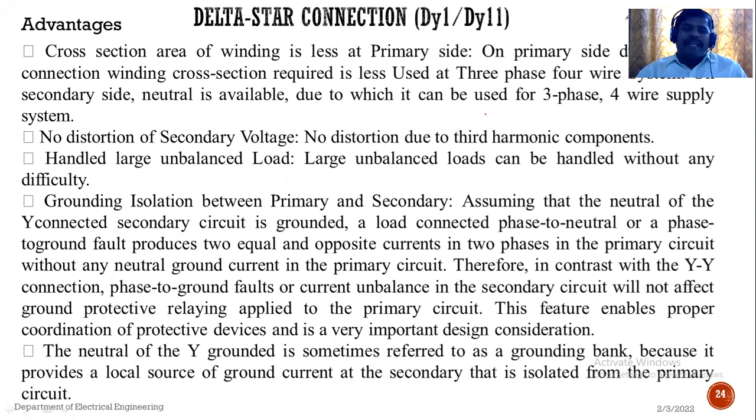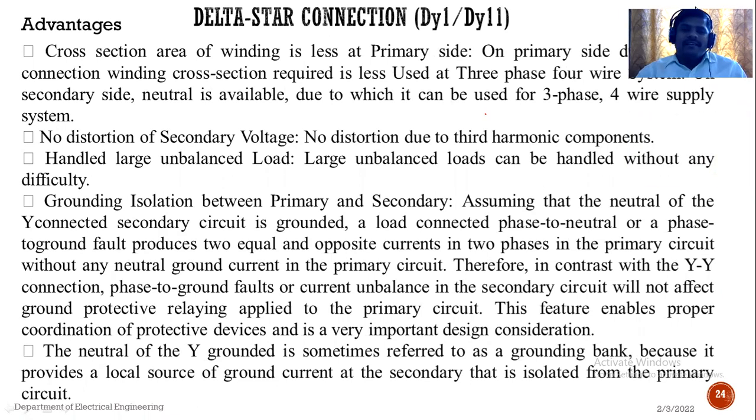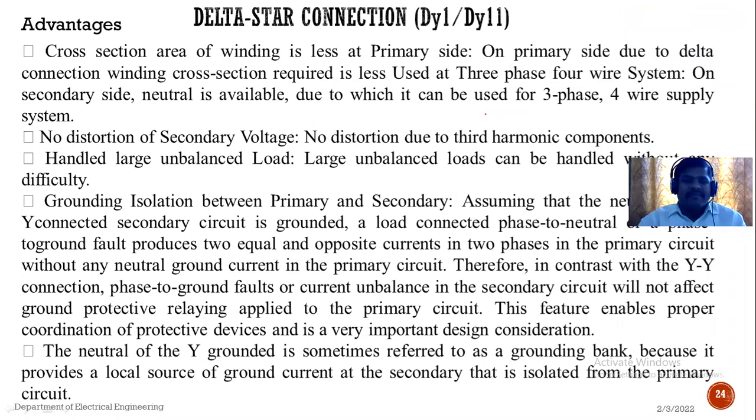On the primary side, because it is a delta connected winding, the cross sectional area required for the winding will be less, and it can be used with a 3-phase 4-wire secondary side. That means a star connected secondary side.